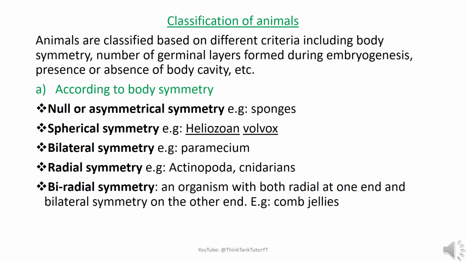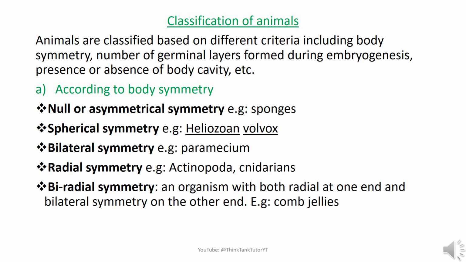Starting with body symmetry, organisms can be asymmetrical, meaning they lack any plane of symmetry. Example, sponges. Second, there is spherical symmetry. This means that the organism looks the same from any direction.